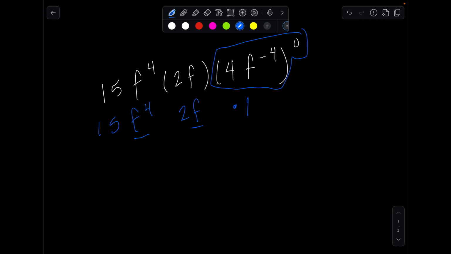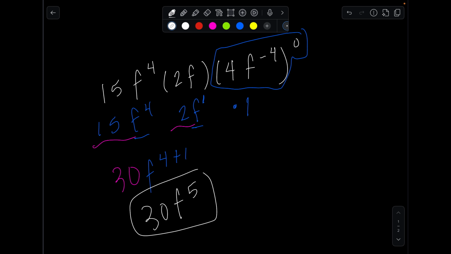Same base. What can you do? Add the exponents. 4 plus this 1 here, right? So that's 5. And then you take your 15 times your 2, it's 30. So 30f to the 5th power.